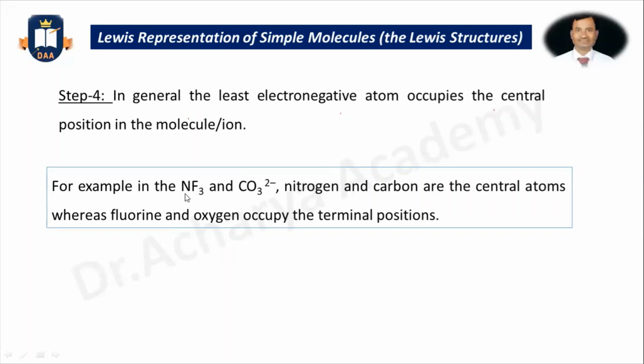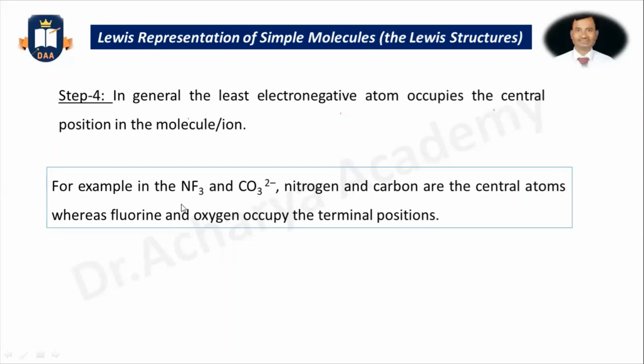Nitrogen is the least electronegative in the NF3 molecule and carbon is the least electronegative compared to oxygen. So that's why nitrogen and carbon are the central atoms for NF3 and CO3 2- respectively.